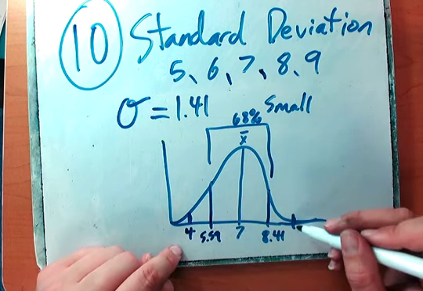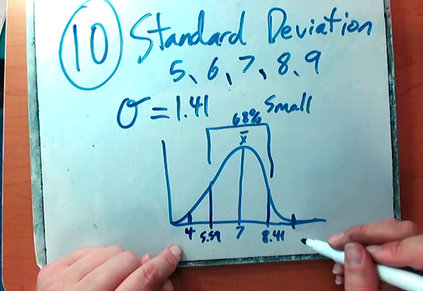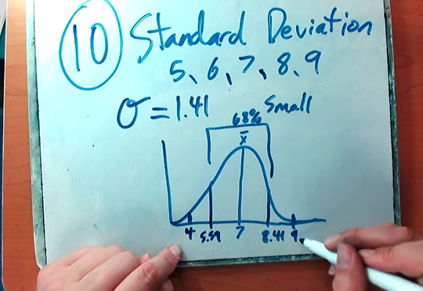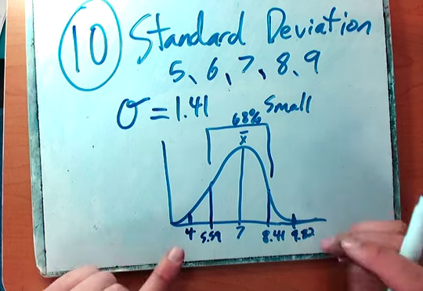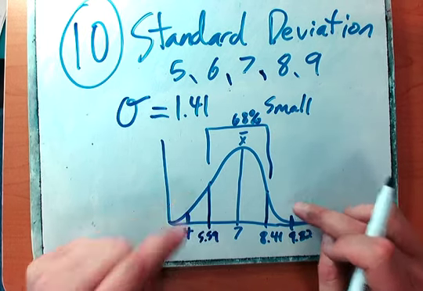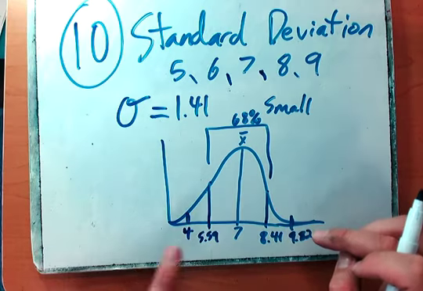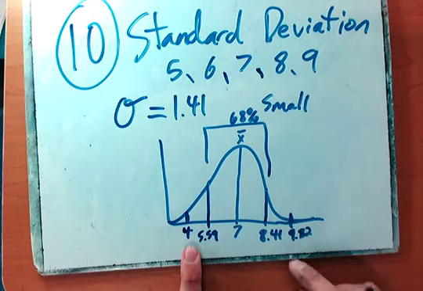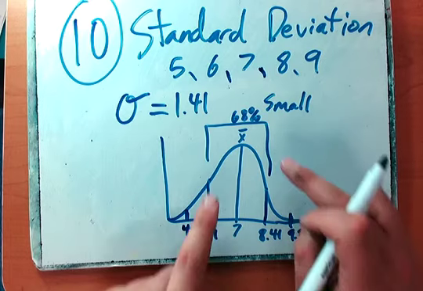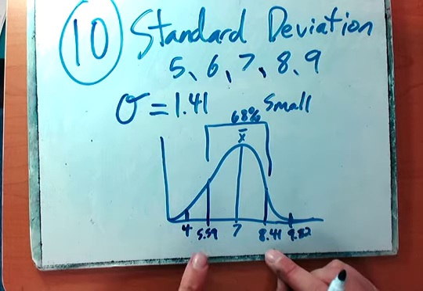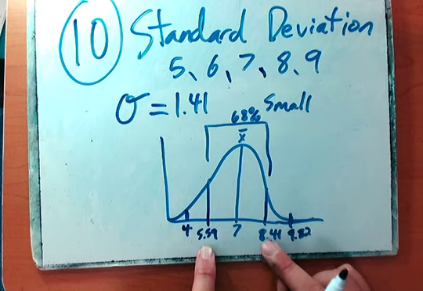And then let's call this 9.82. 95% odds: the next number that comes out is between 4 and 9.82. But there's a 68% chance that the number is between 5.59 and 8.41.